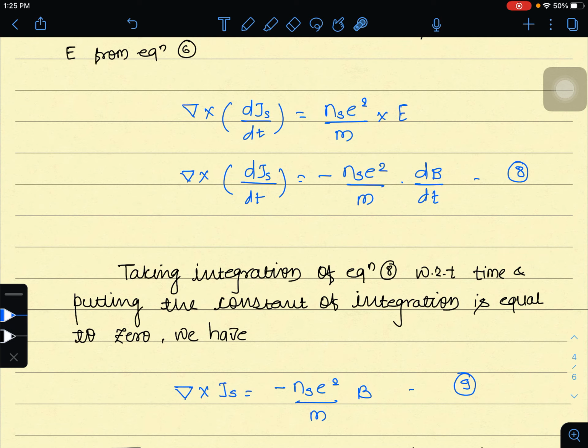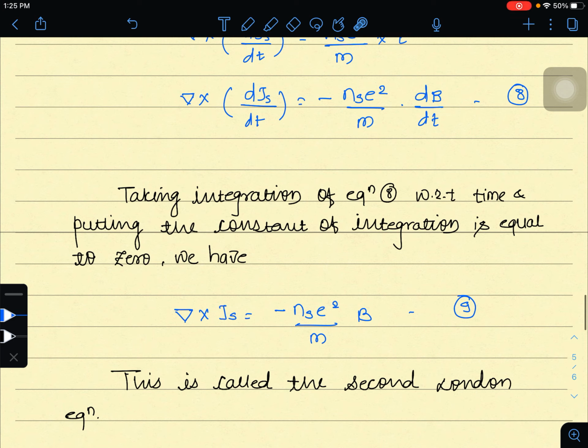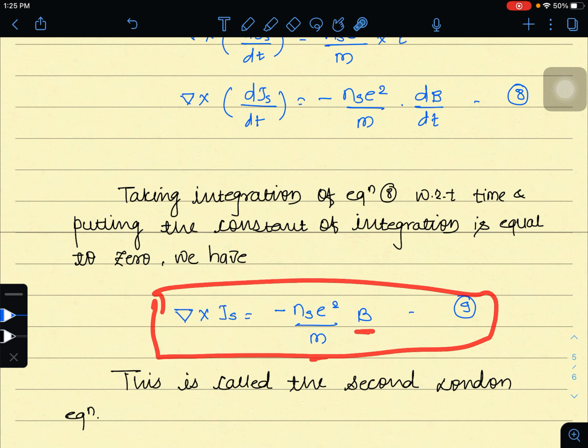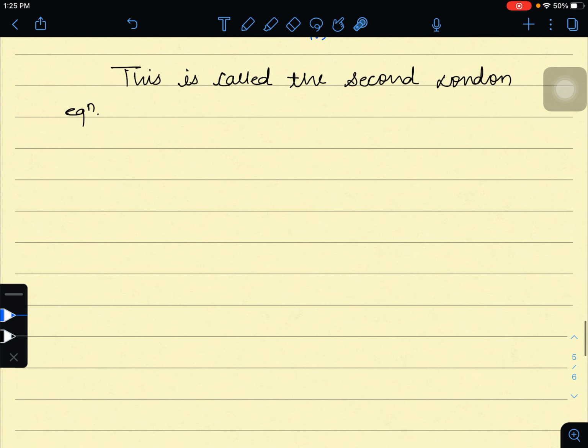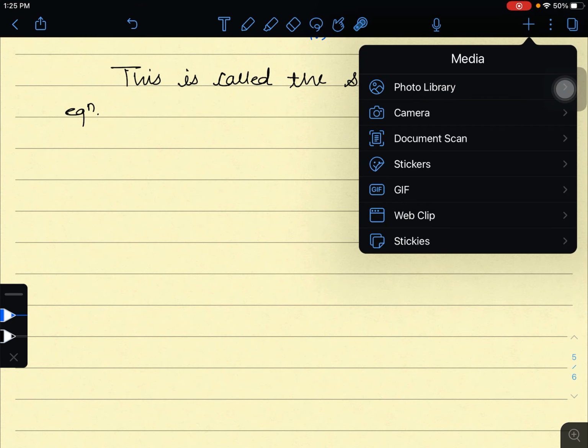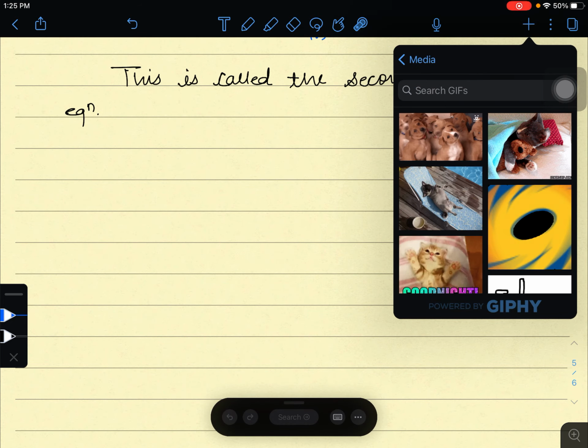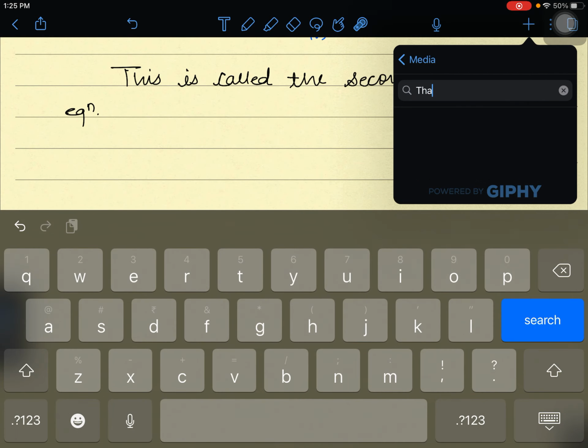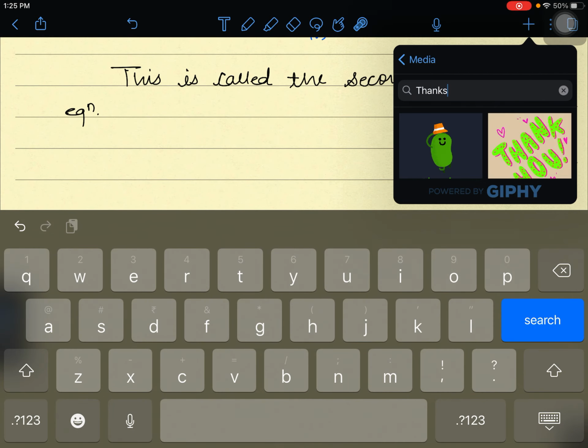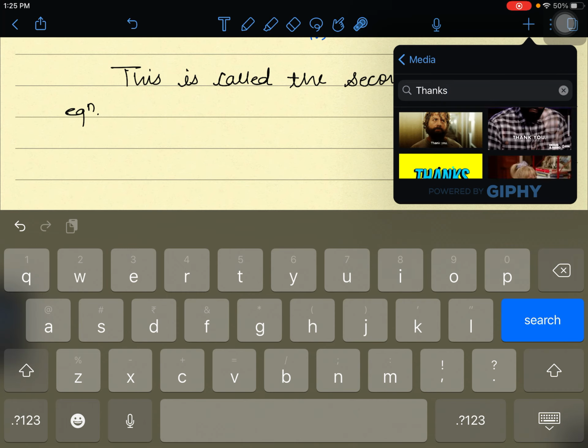Whenever we integrate this equation with respect to time, the equation becomes del cross js is equal to minus ns e square by m into B, and this equation is called the second London equation.